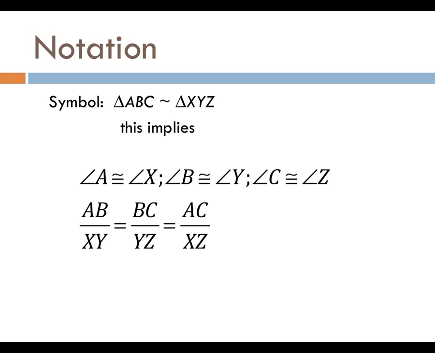Back up. What are you asking me? You asking me about this? Yeah. What does this say? A is congruent to X. What's A? Angle A is congruent to angle X. Let's give it up, everybody.